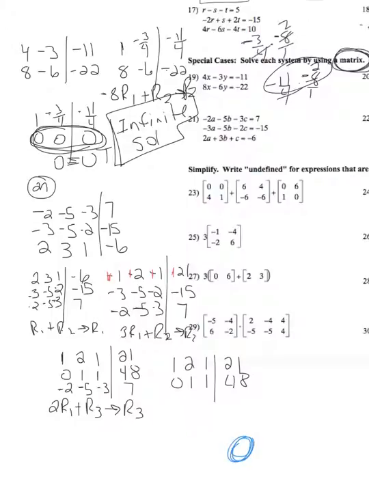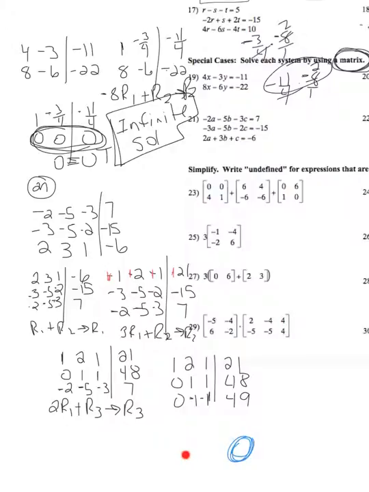And now let's apply our little test, our little rule. 2 times this one is 2 plus this one is 0. 2 times this one is 4 plus -5 is -1. 2 times this one is 2 plus -3 is -1. And 2 times 21 would be 42. 42 plus 7 would be 49.